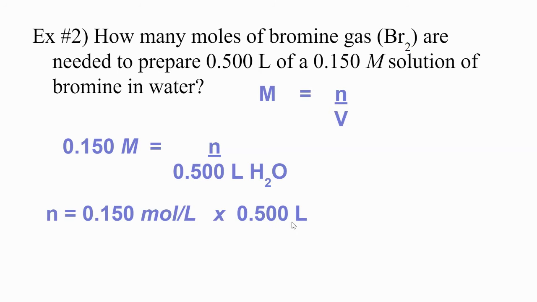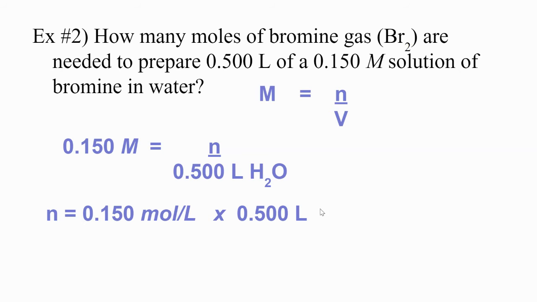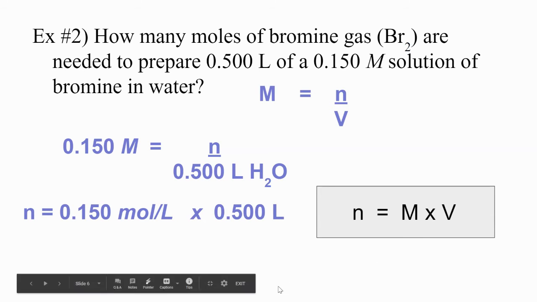If I multiply both sides by 0.500, this is what I get. If you like, you might want to make a note that this is the version of the formula you would use if you're solving for moles. So either plug it in and rearrange it yourself or make a note of this formula on how to solve for moles.